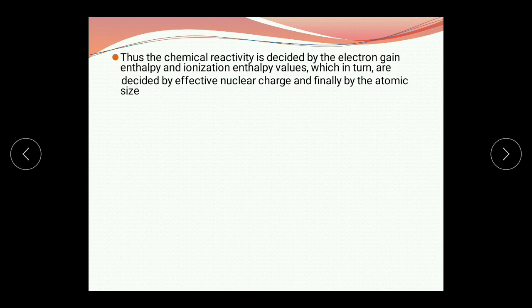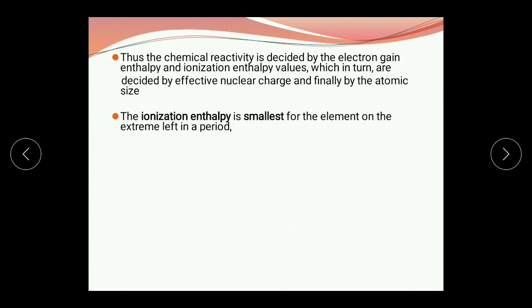Up till now, we learned about the periodic trends in elemental properties, physical properties and chemical properties. All these properties are related to each other, and together they decide the chemical reactivity of the element.